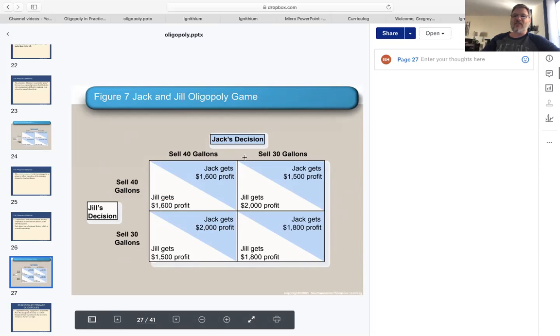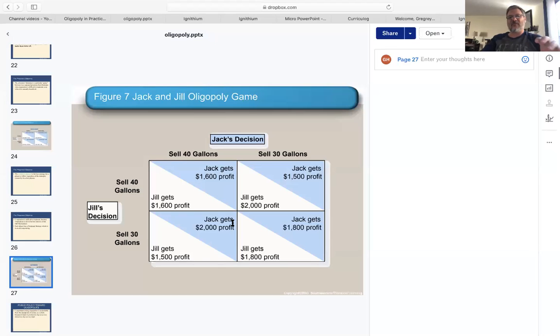And so even though the prisoner's dilemma is inefficient from the perspective of the group making decisions here, the producers, it's not necessarily inefficient when we consider all of society and that the people playing the game are just the producers.